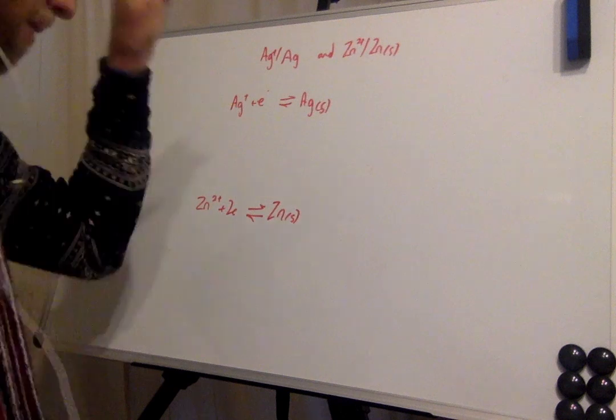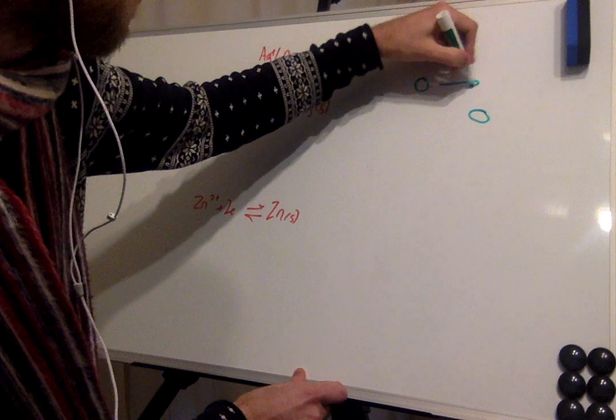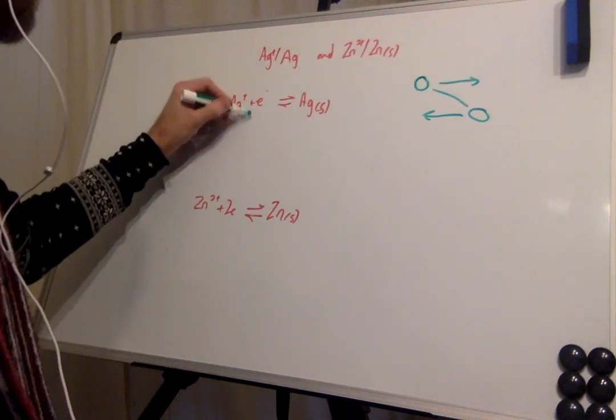This is aqueous, by the way, the starting ingredient, and so it's this one. There's my backwards Z, so it tells me which way everything's going. Silver aqueous is going to silver solid, and zinc solid is going to zinc aqueous. That's the first example.